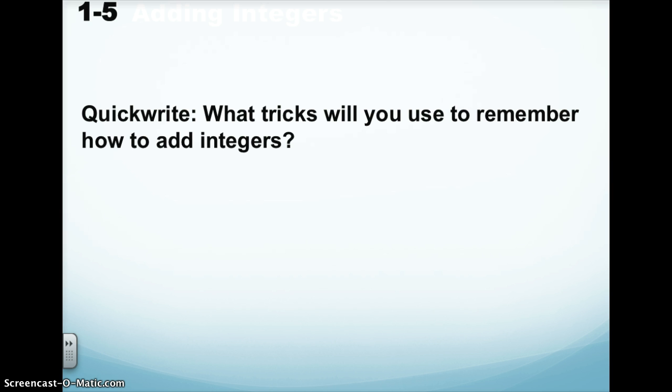Or can you do it in your head by knowing if you're adding or subtracting the integers? If you need additional time to keep writing, please pause it now.